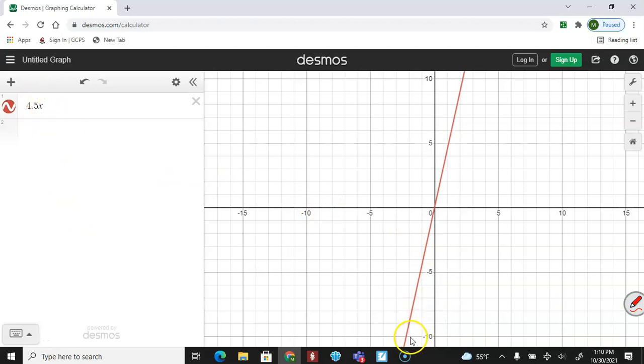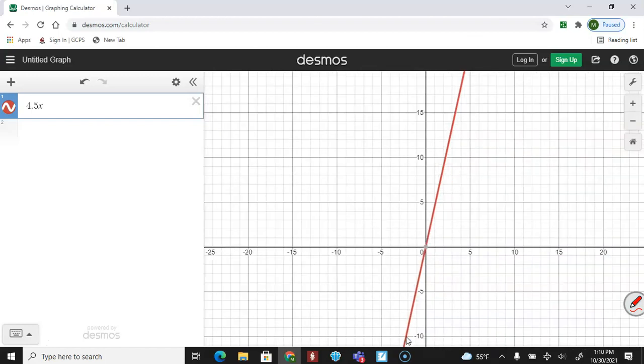So let's see when we're at negative 10. What is that value right there? Let's just see if we can find a good point. I don't think we want to go beyond 3.